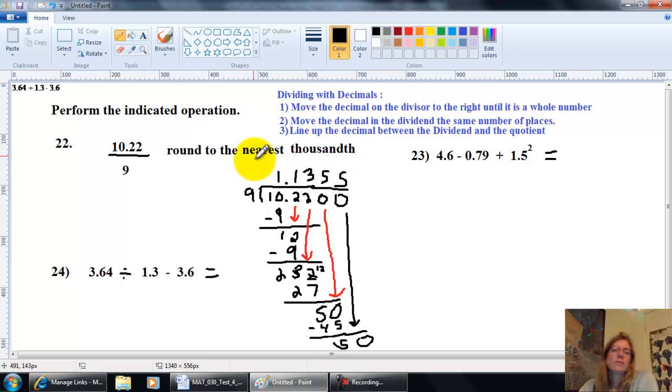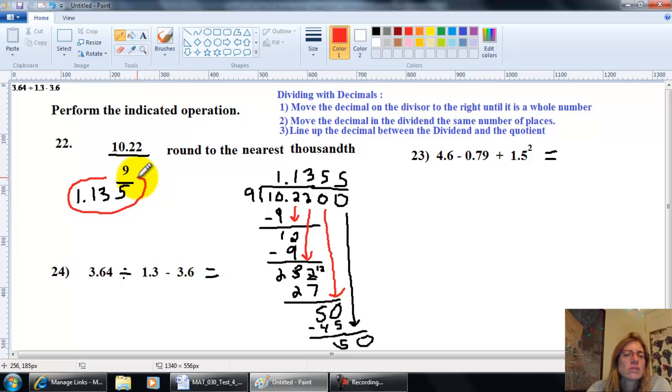So our answer, before we round to the nearest thousandth, is 1.13. And I'm just copying this quotient down. 5, and because this 5 is repeating, we put the repeating sign over it, which is a line. But they want it rounded to the nearest thousandths. So this is the ones place, this is the 1/10ths place, this is the 1/100ths place, this is the 1/1000th place.